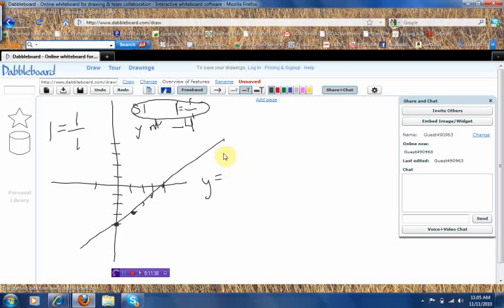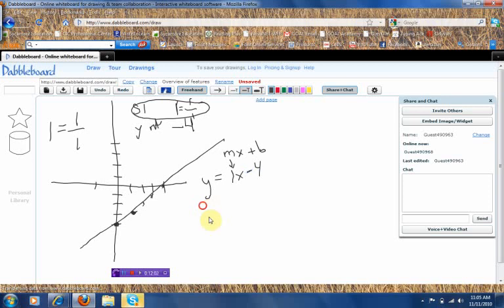What does the m stand for? Slope. So it would be 1x minus 4. Good. And normally we just write that as what? y equals x minus 4. Good.